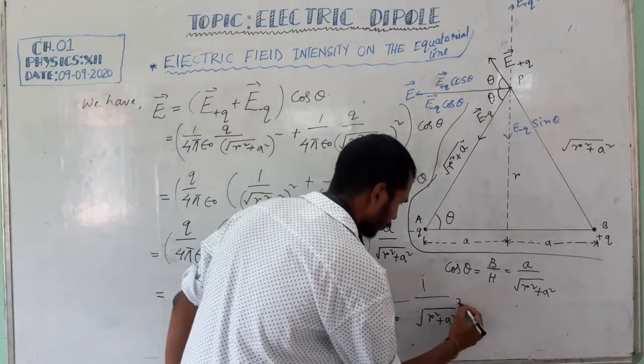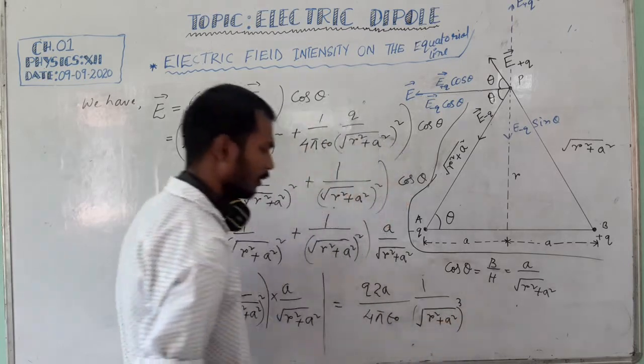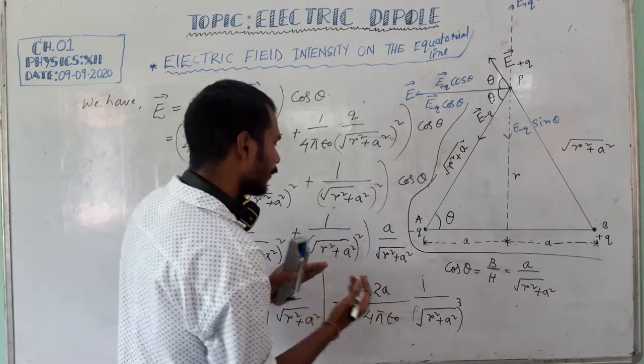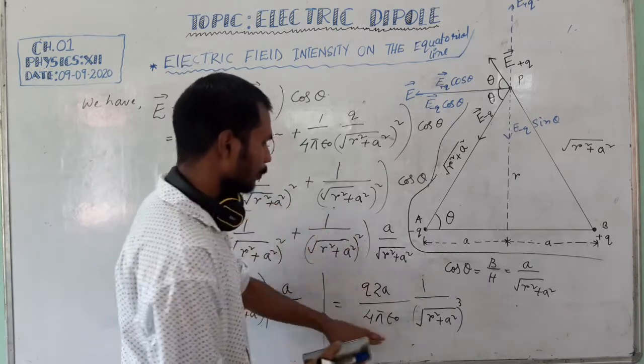So this is equal to 3. Getting my point? Now this is the final formula, and we will rearrange or decorate this formula.